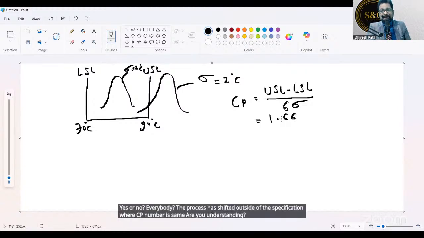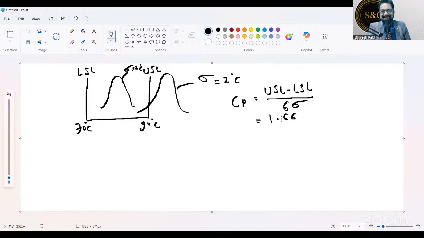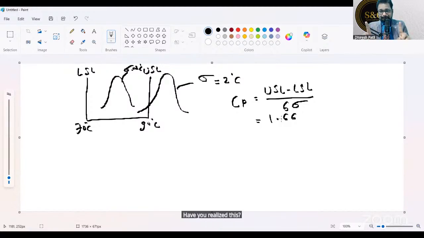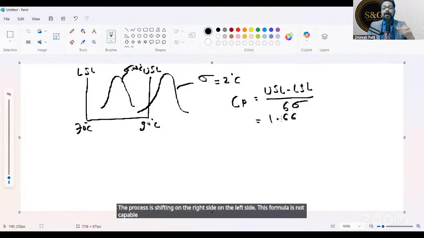So something is wrong, right? That means in my Cp formula, there is no center of the data set taken into consideration. Have you realized this? There is no center. The process is shifting on the right side, on the left side. This formula is not capable of finding out the shift in the process.